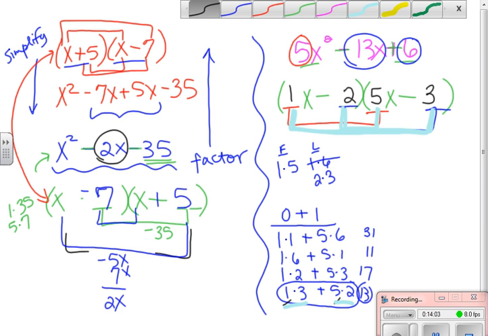When I check my outside and inside, I have negative 3x, negative 10x, which is negative 13x. That's what I need. Check your first two terms. X times 5x is 5x squared. Check your last two terms. Negative 2 times negative 3 is negative 6. I'm going to go back to the regular lesson in part 2 of this video.